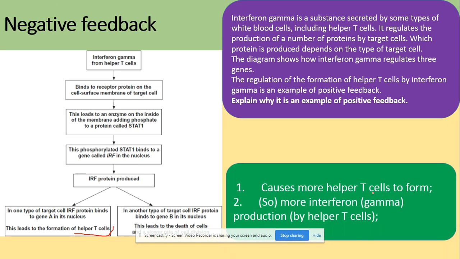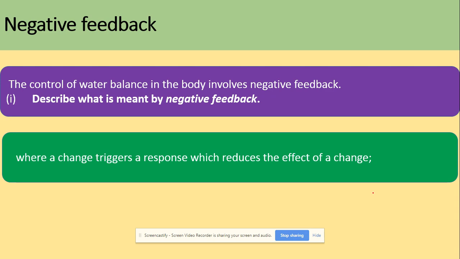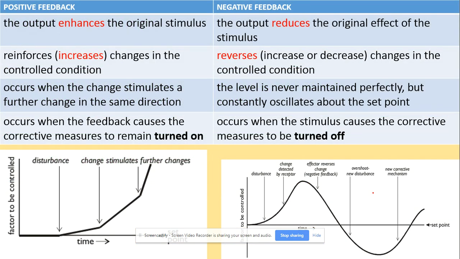This is the definition that the examiner would like to see if they ask about negative feedback. Negative feedback eventually turns off the corrective mechanisms because the stimulus is no longer there; it has decreased and come back to normal.